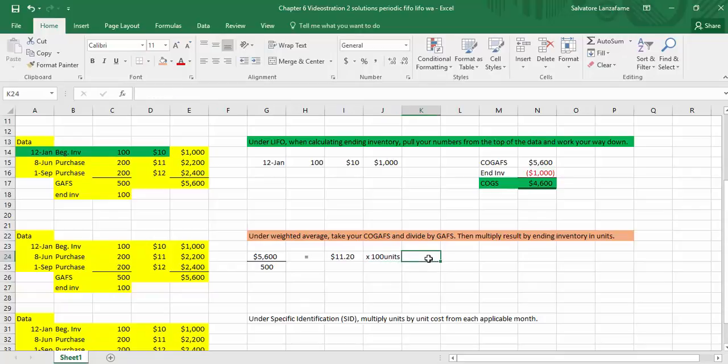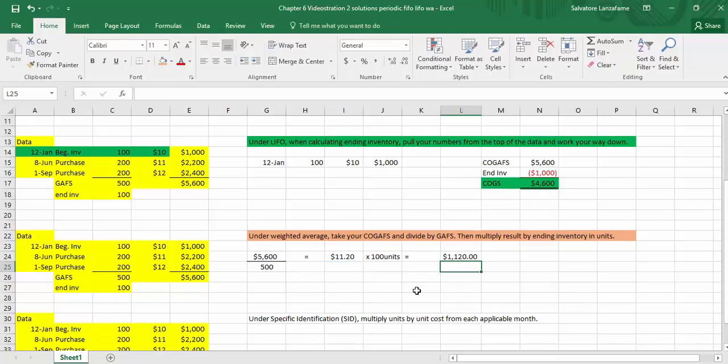So $11.20 multiplied by 100, and we end up with $1,120. That will represent your ending inventory in dollars.